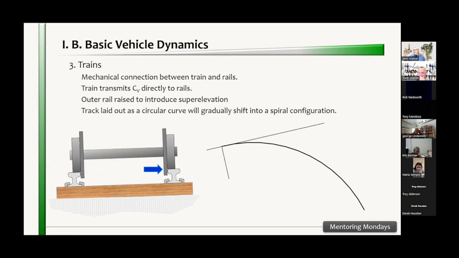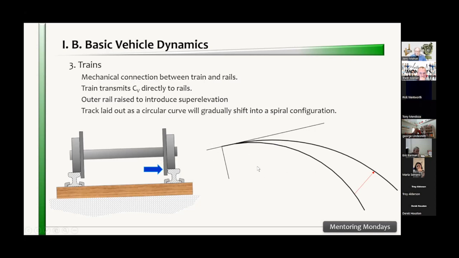And the engineer doesn't have a big old steering wheel up there. He doesn't steer around the curve; he follows the track. So what happens is if we lay in a curve as a circular arc and pass a train over that, over time, that track moves into a spiral configuration because of the forces acting on that train.